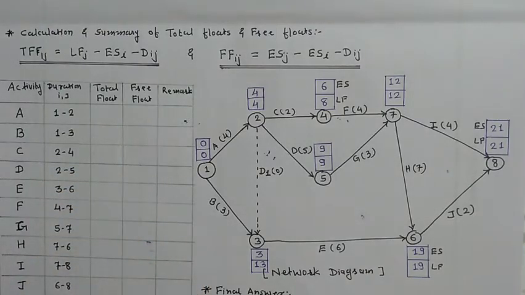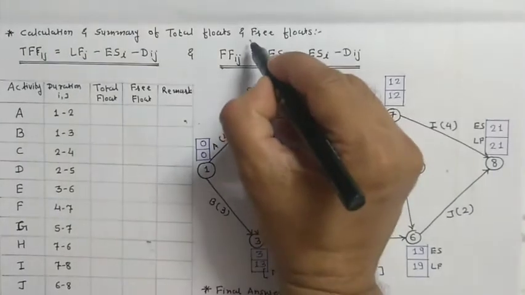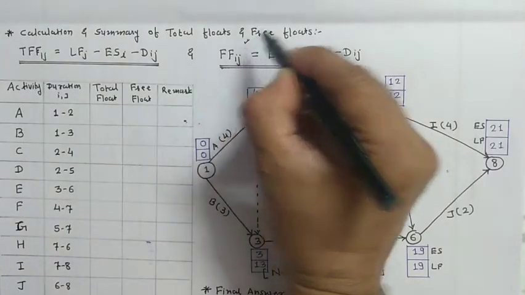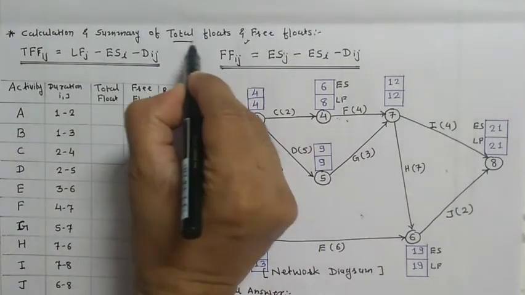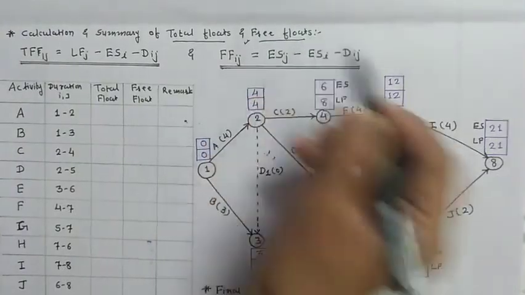In our example, only free float is mentioned to be determined, but for the sake of your understanding, I will calculate both the total float as well as the free float.